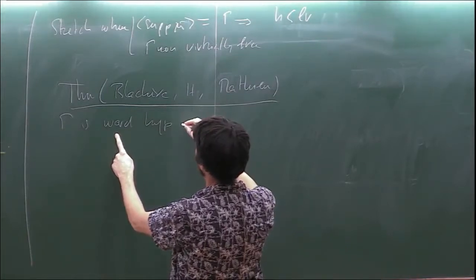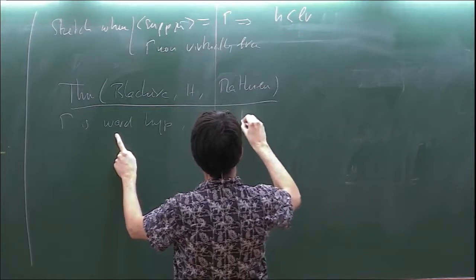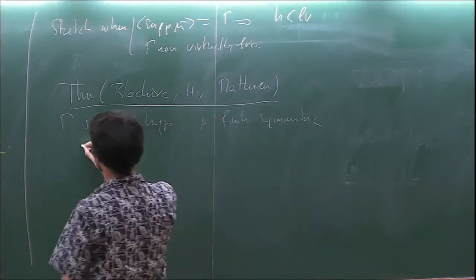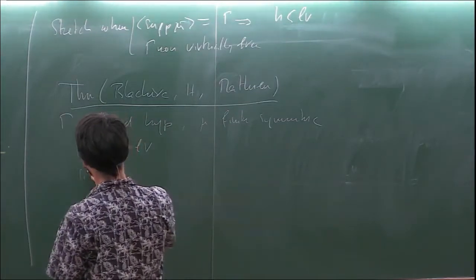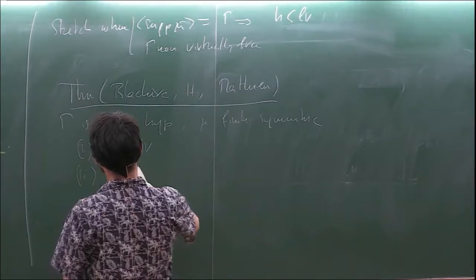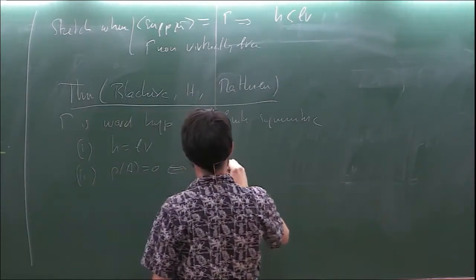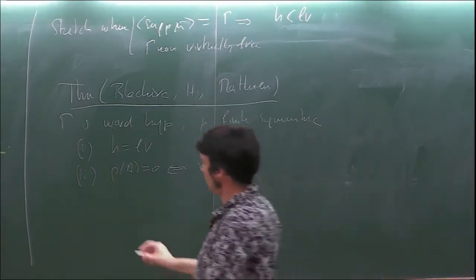Gamma word hyperbolic, non-elementary as usual, mu finite and symmetric. Then the following are equivalent. One: H is equal to LV. Two: rho and mu have the same measure sets.